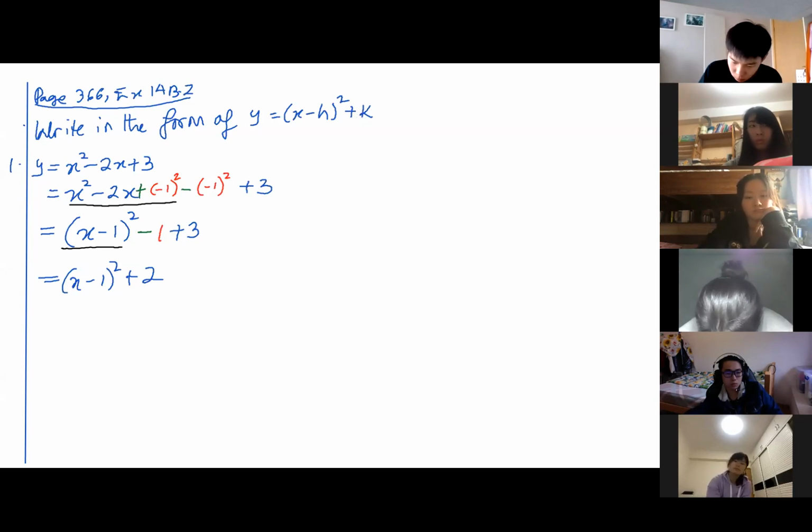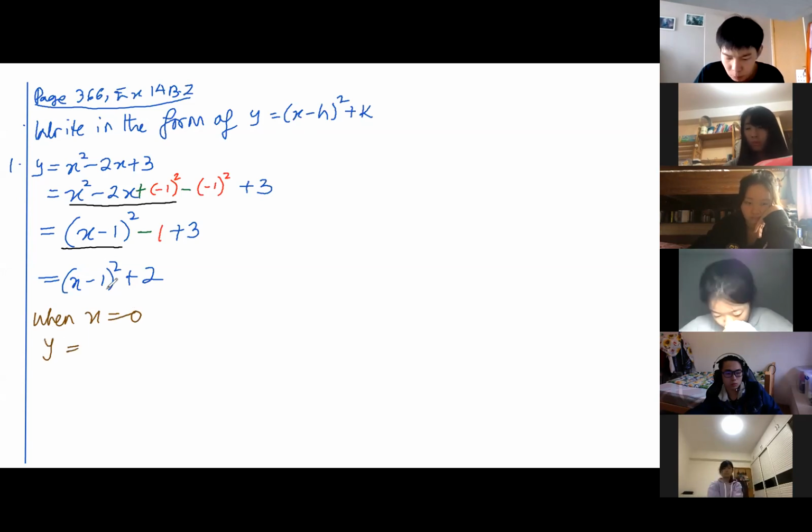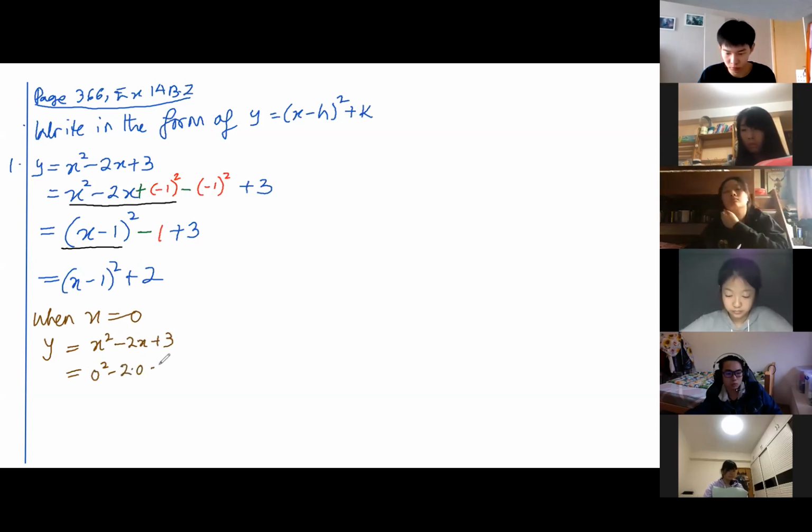You find the y-intercept because we need that in the sketch. So when x is equal to 0, y is equal to x squared minus 2x plus 3, which will be 0 minus 2 times 0 plus 3, and that is 3. Agreed?